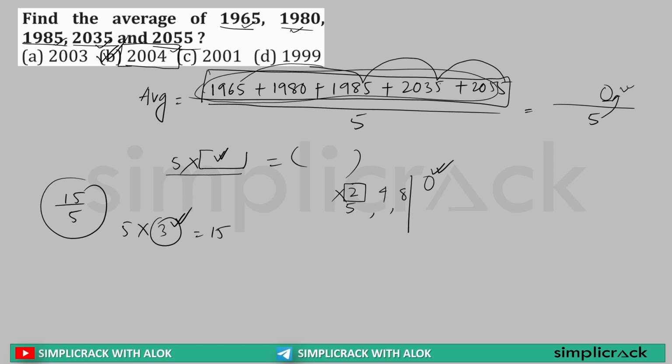See, this way you can solve it quickly. But if you do not have the competence to solve this way, through the unit digit, what will you do? Sir, I will simply add it. Sir, how much? 1965, 1980, 1985, 2035, 2055.